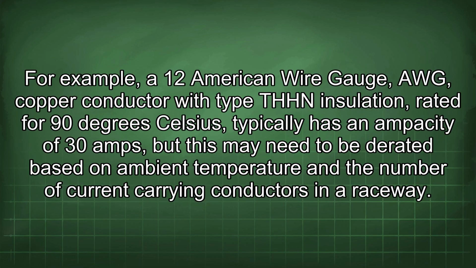For example, a 12 American wire gauge (AWG) copper conductor with type THHN insulation, rated for 90 degrees Celsius, typically has an ampacity of 30 amps, but this may need to be derated based on ambient temperature and the number of current-carrying conductors in a raceway.